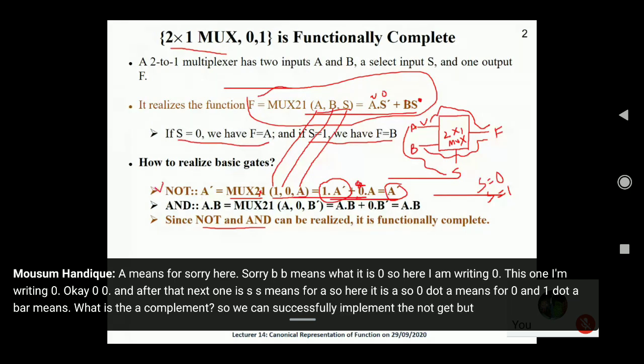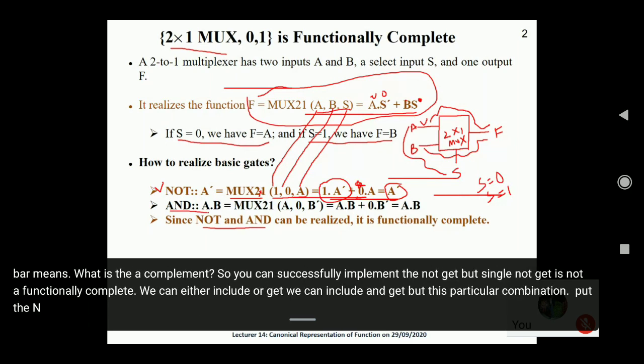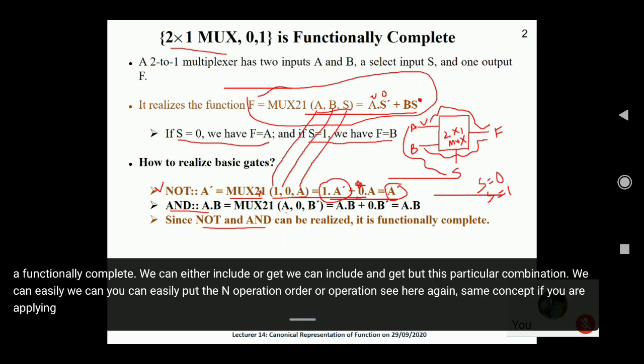But a single NOT gate is not functionally complete. We can either include OR gate or AND gate. But with this particular combination, we can easily prove the AND operation, not the OR operation. See here, again same concept. If we are applying A, 0, B bar, that time this particular expression is coming.